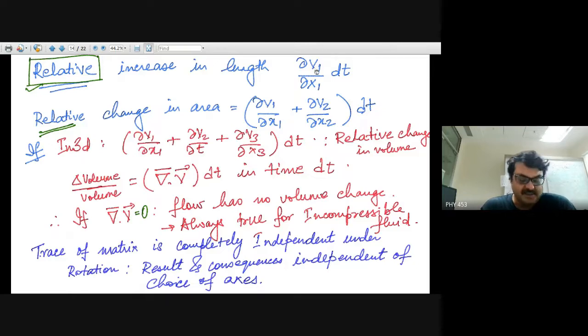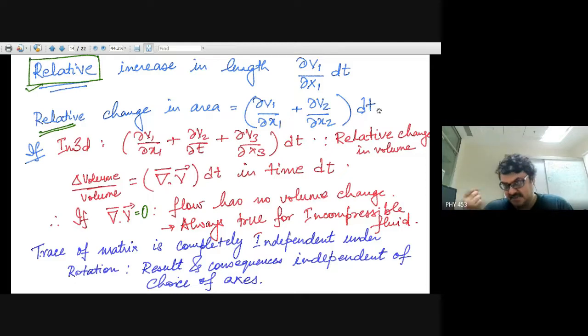I'm writing it in general, so 1, 2, 3 being x, y, z if you like, but it can be some other x1 dash, x2 dash, or x dash, y dash, z dash as well. So ∂v1/∂x1 into dt. And for the relative change in area, if you multiply dx dash, dy dash, and subtract out the previous area, the relative change in area will be ∂v1/∂x1 plus ∂v2/∂x2 into dt.